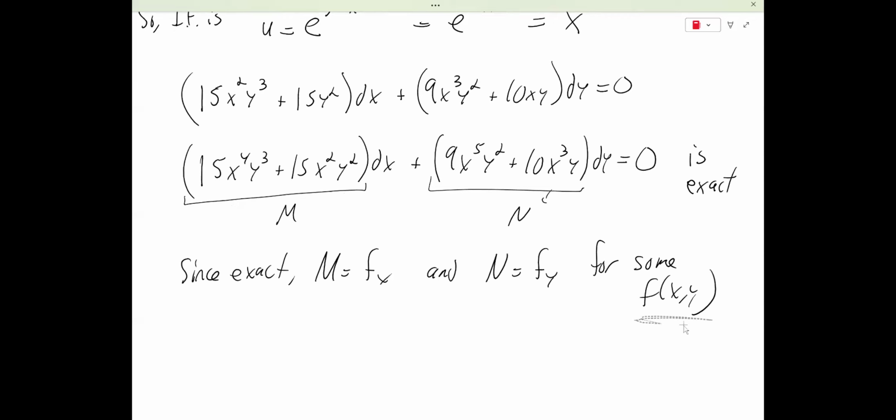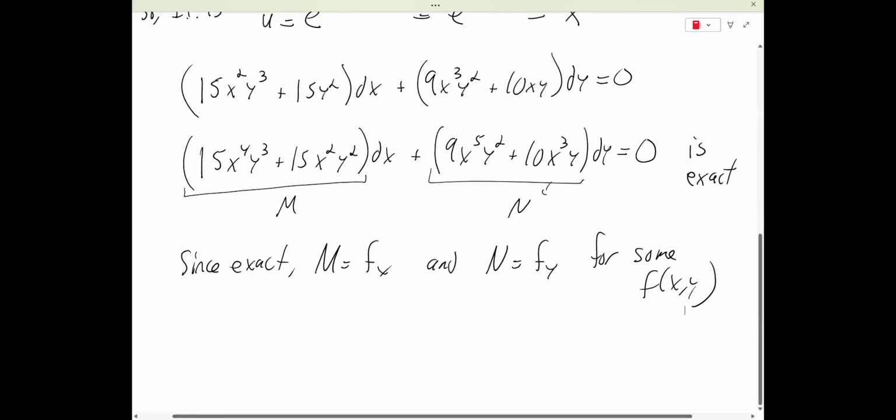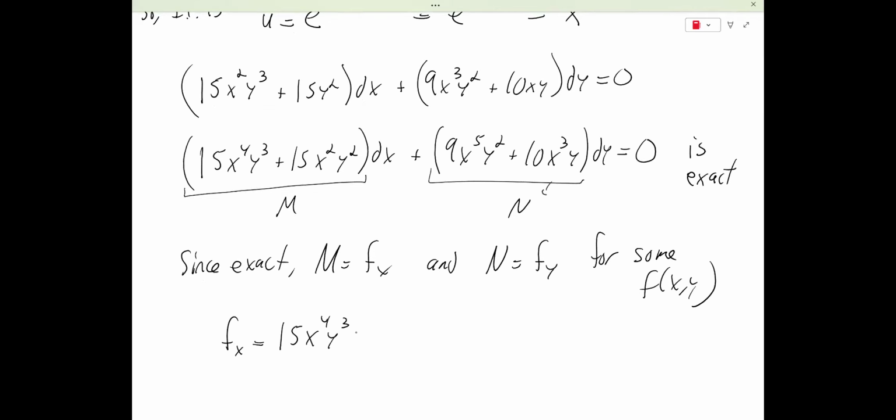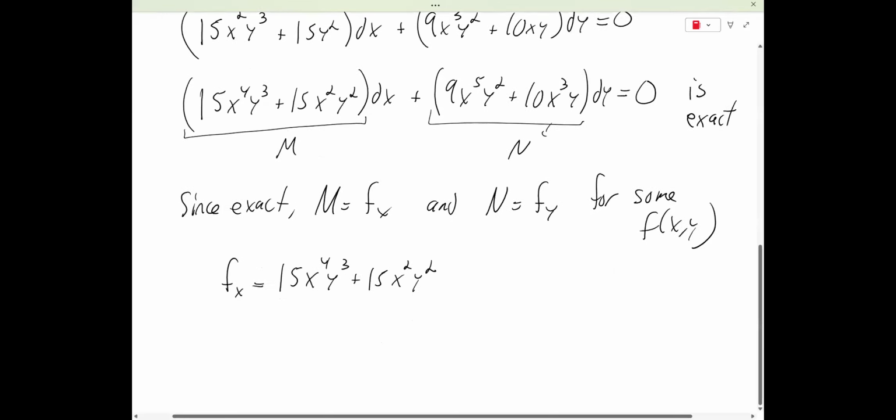Now we have to figure out what this f of x, y is. This is the M here. So you have f sub x equals 15x to the fourth y cubed plus 15x squared y squared, because that's the partial with respect to x.